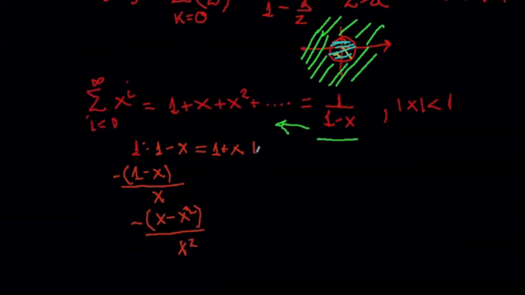So we are slowly building this sequence: x squared plus, and so on, because x squared multiplied by 1 will be x squared here, minus x cubed, and then so on. So in this way, you see that just dividing these two polynomials, 1 by 1 minus x, we obtain this expression.